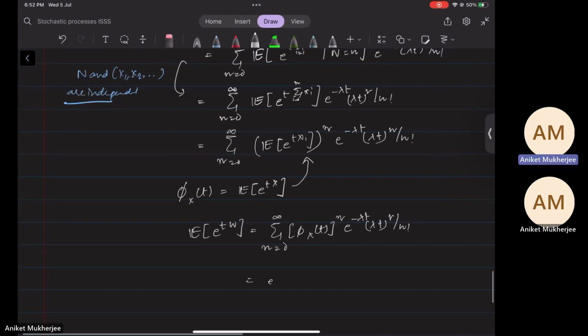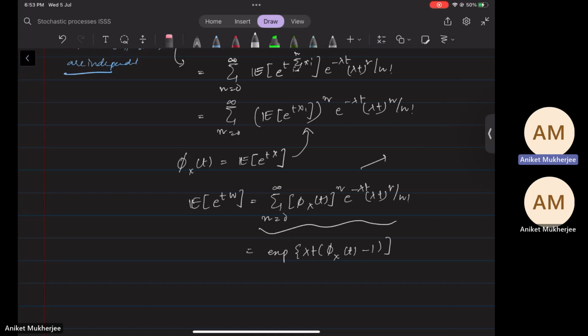This we can write as exponential of λ times (moment generating function minus 1), so you can write it as an exponential series.